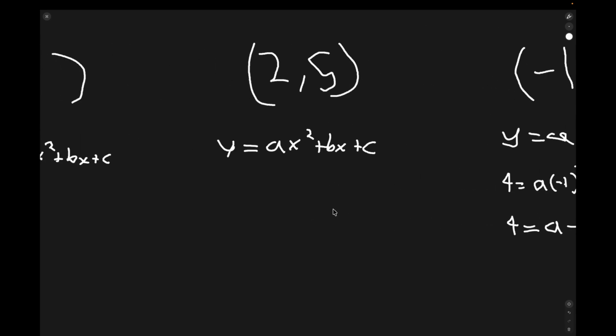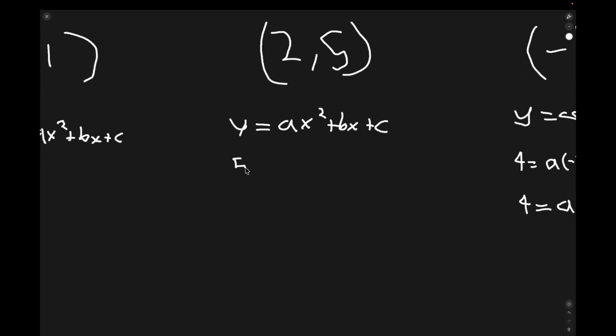Let's do the same to this one. So 5 is equal to a times 2 squared plus b outside of 2 plus c, because remember, whenever we see an x, we're going to put in 2. So 5 is equal to 4a plus 2b plus c.